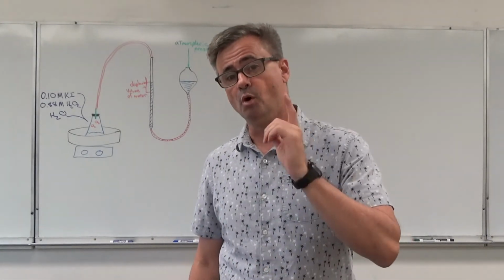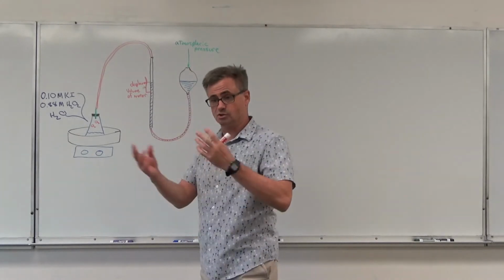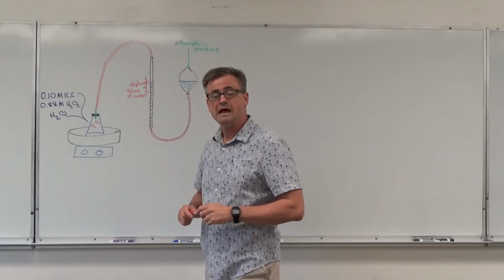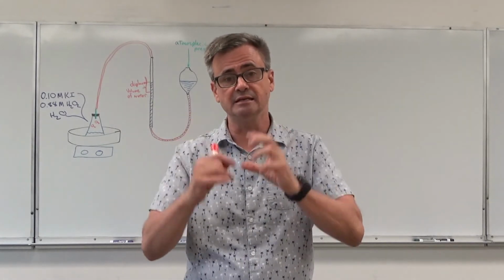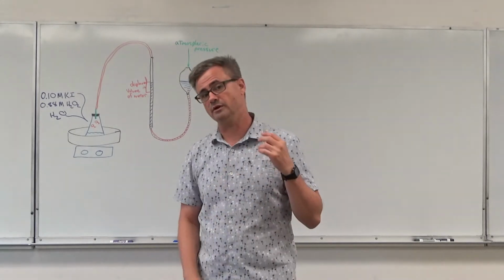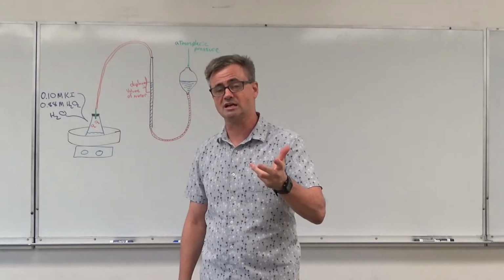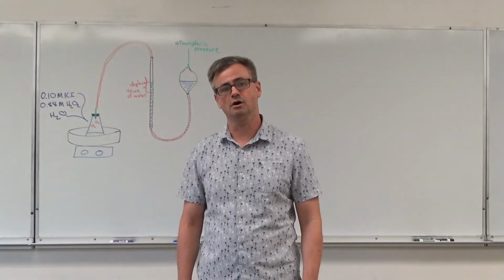So we'll know the moles of oxygen produced in that particular 30-second interval. If we know the moles of oxygen produced in that interval, using that overall equation that I had here a little while ago, we can figure out the moles of hydrogen peroxide that was consumed. And then we'll know our new concentration.